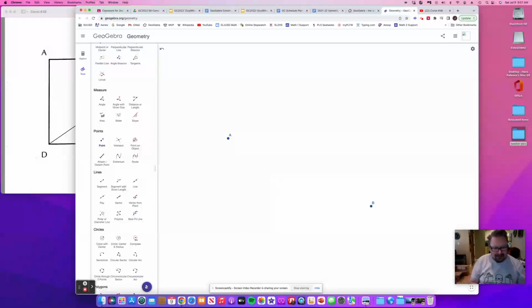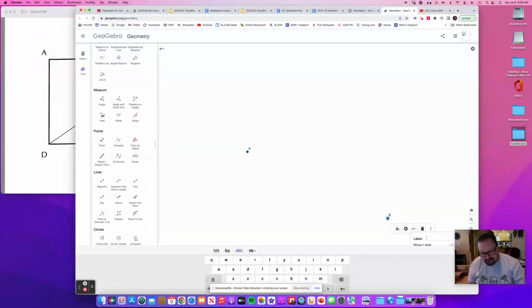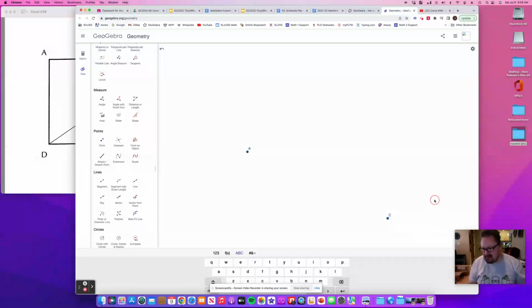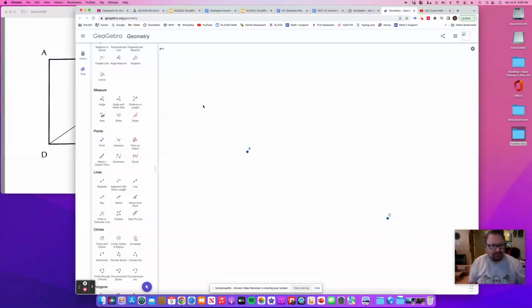All right, so I need to change some of these. I need to change this point to C. And then I will make my test segment up here, and I need to change those points.